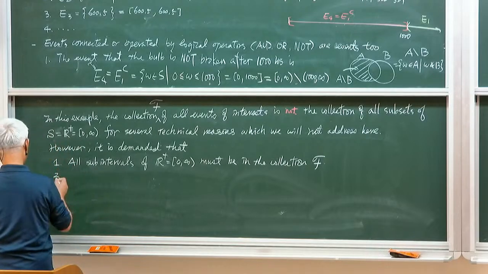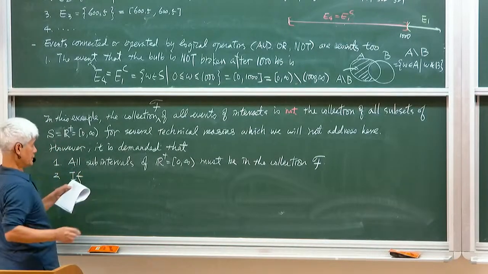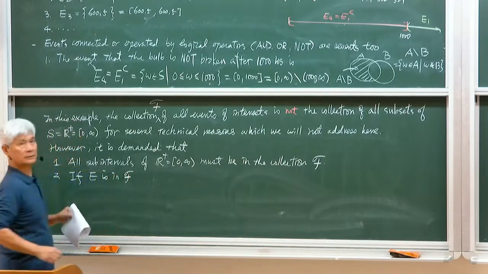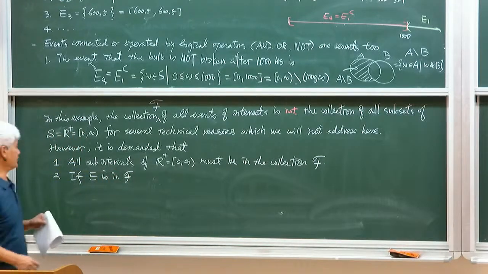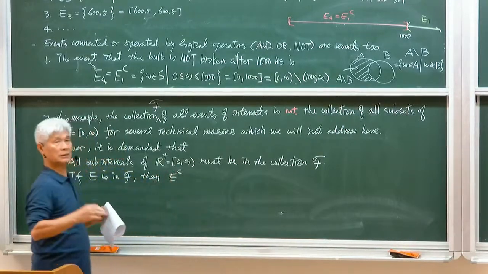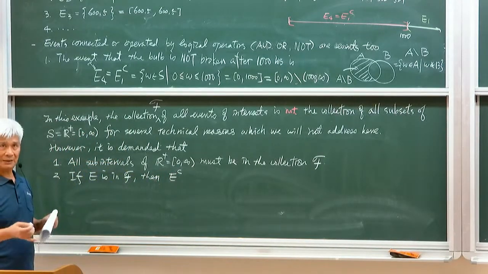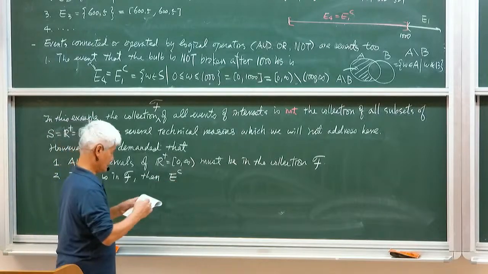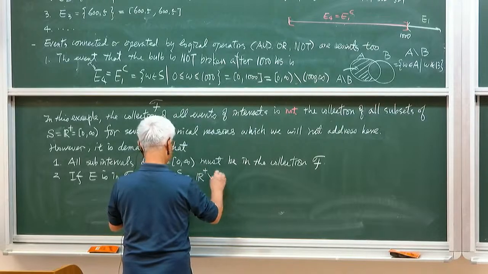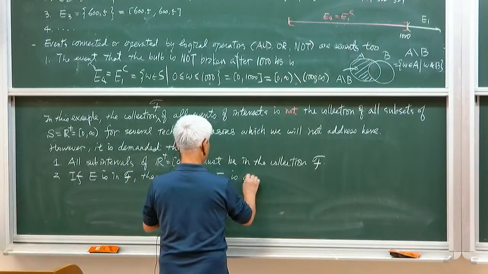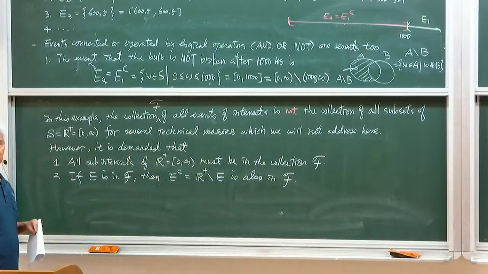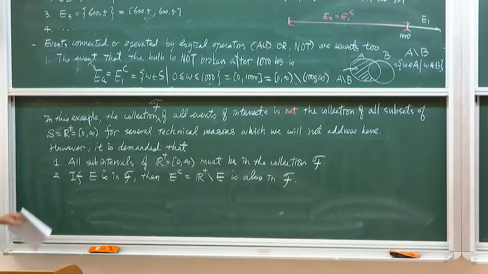The second, for logical reasons: if E is in the collection of events of interest, then we would like to do the logical operation not, so that the complement, which is S minus E, is also in the collection of events of interest.